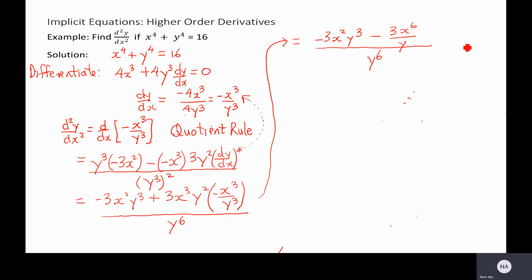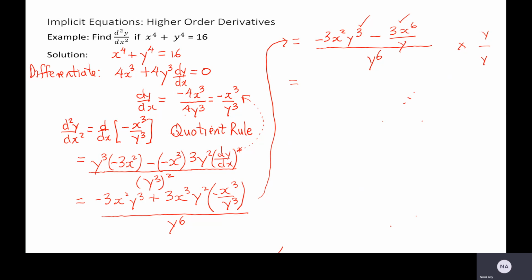And now I can multiply both numerator and denominator by y, because y over y is equal to 1. And I multiply in the numerator every single term by y.